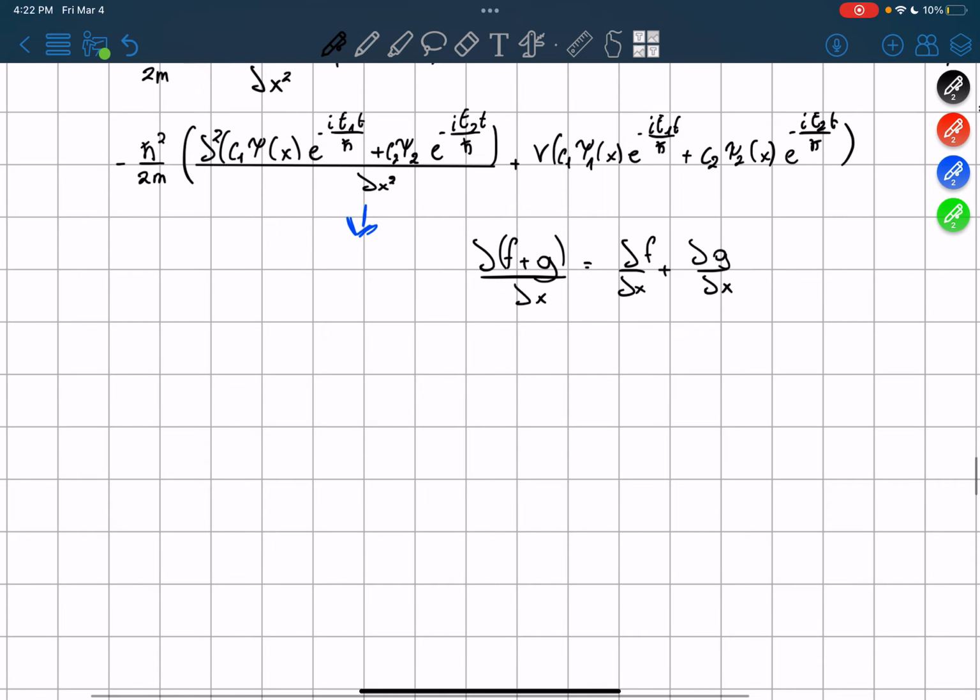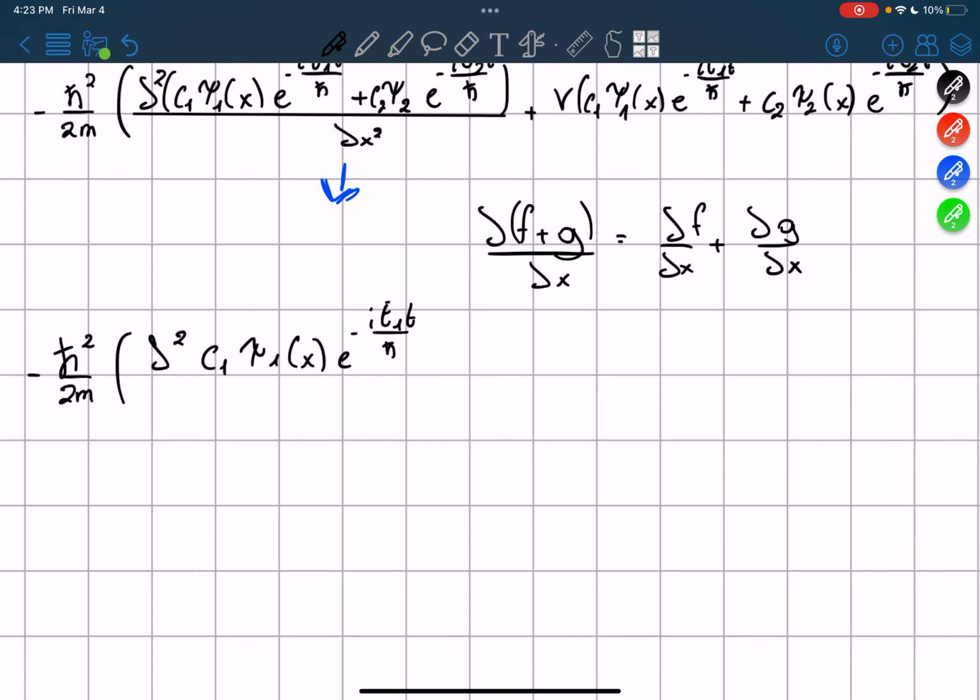So we can say this is equal to negative h bar squared over 2m, and then the first derivative squared of c1 psi 1 of x e to the power of negative i E1 t over h bar, plus the second derivative.